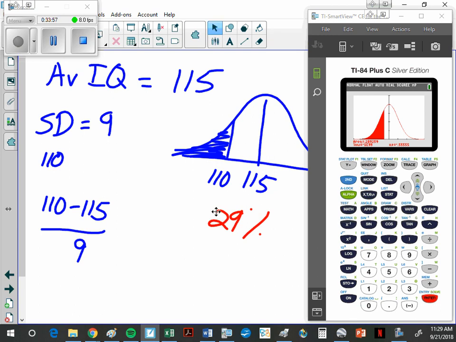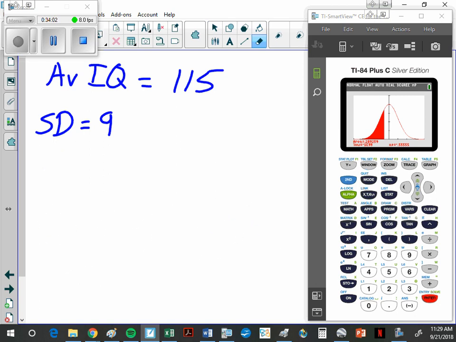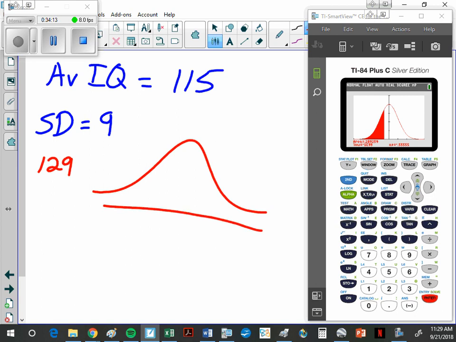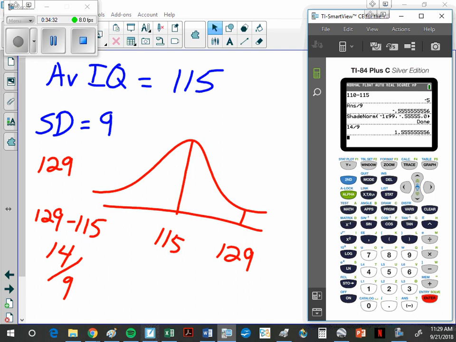What if I change it, and instead of 110, I want 129? I draw the same curve, 115, and over here somewhere is 129. I do 129 minus 115, which is 14. Divide that by 9, so 14 divided by 9 gives me 1.55.